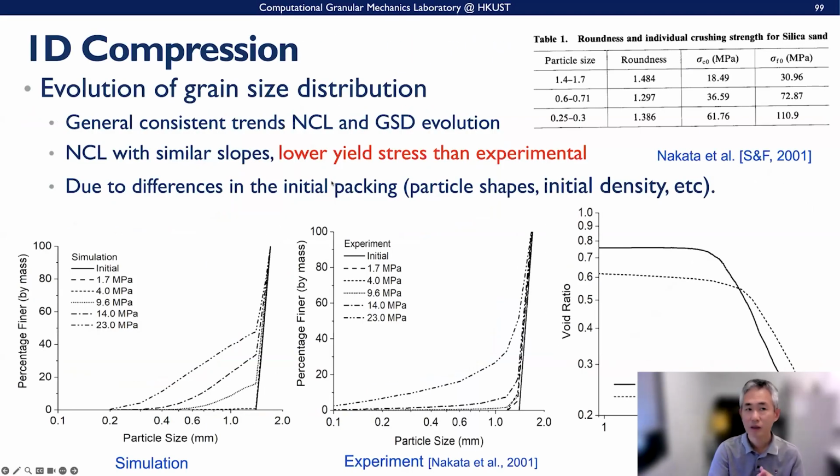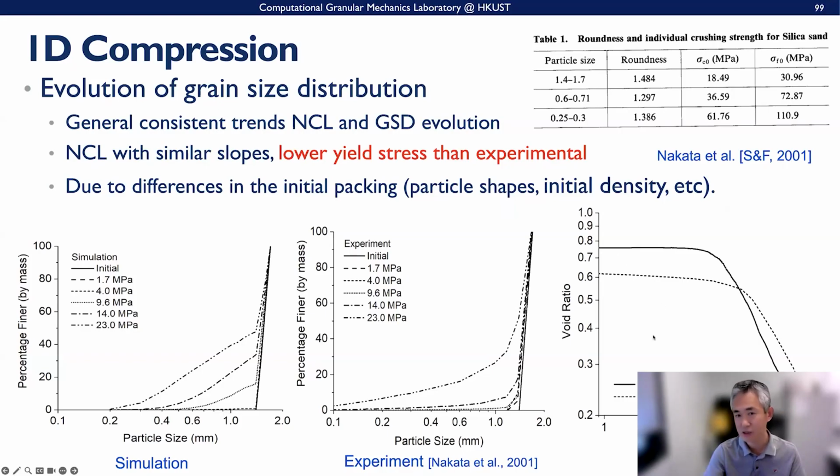This is a further comparison for this 1D compression, and this is the evolution of the grain size distributions, in experiments, and this is our simulations here. This is the compression curve in terms of void ratio and vertical pressure, and this is our simulation, and these are the experiments.